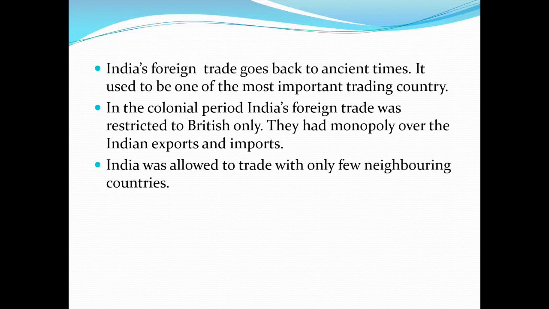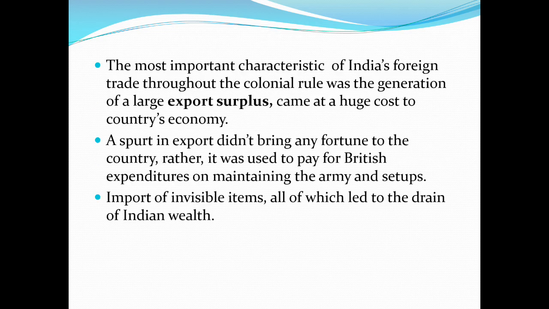So India was allowed to trade with only a few neighboring countries. As per their choice and will, India had options to export goods only to those countries where Britain would allow them to. Import of invisible items, all of which led to the drain of Indian wealth. You never knew what things the British government wanted to get from other countries.